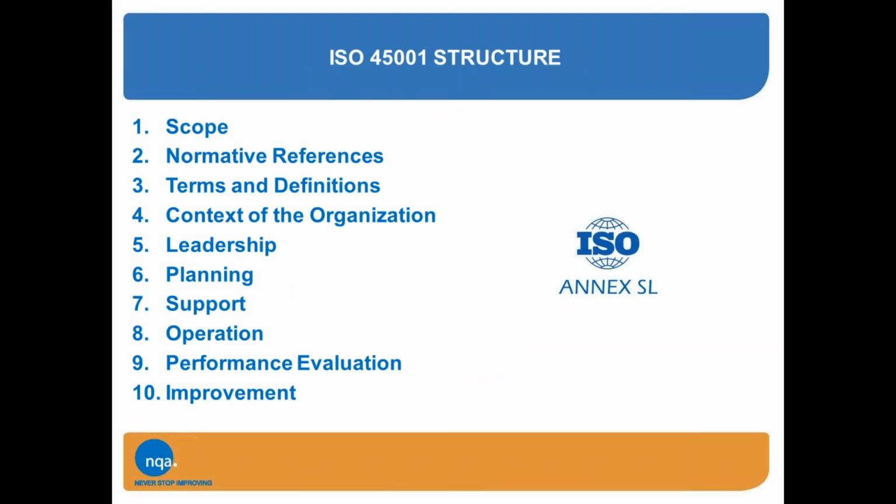ISO 45001 is based on an Annex SL structure, which has been introduced over the last few years to other management systems, including 9001 and 14001. It's based on a 10-chapter structure comparable across all those standards.